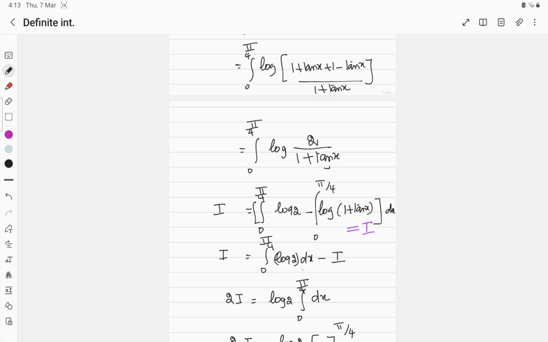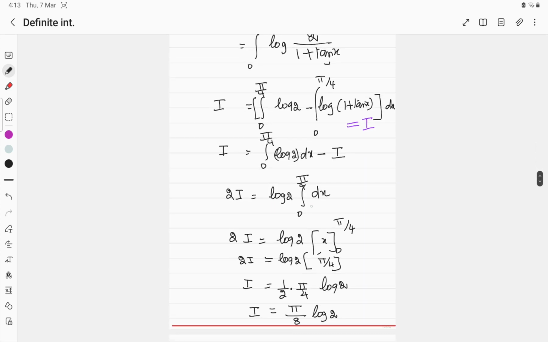Here, the integral from 0 to pi by 4 of log 2 dx minus, this is the integral part. So, put I here. So, adding, we get 2I is equal to log 2 times the integral from 0 to pi by 4 of dx. Integral dx is equal to x. From 0 to pi by 4, using the limit, we get 1 by 2 into pi by 4 log 2. That is, I is equal to pi by 8 log 2.